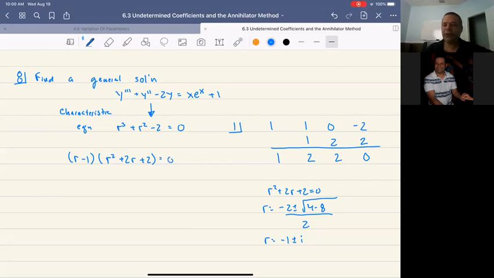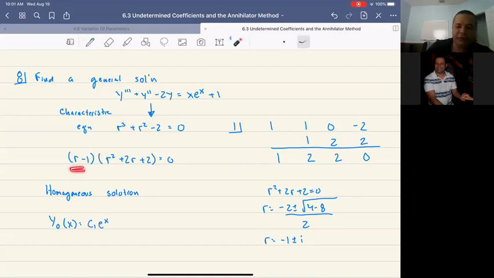Okay, so what is our homogeneous solution? Our homogeneous solution is y0 of x equals c1 e to the x.